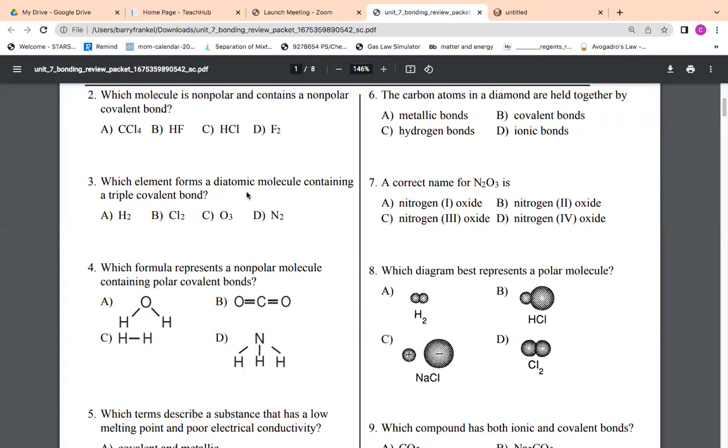Well, this one is not diatomic, but they're mostly diatomic molecules containing a triple covalent bond. So which one has a triple bond? Now that we know how to draw Lewis dot structures, we can figure this out. For H, if there are 2 of them, each hydrogen has 1 valence electron, so this is the pair that they share. It's just a single bond.